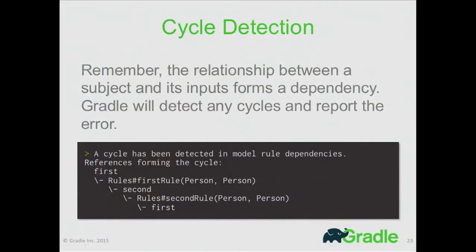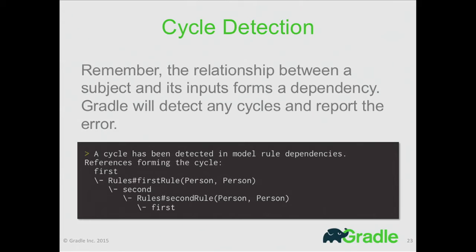So this is explicit, right? We're explicitly saying that this model element depends on this model element, and this model element depends on this model element. Since that's explicit and defined in a structure, in the form of a rule, Gradle can infer things from it. So we can tell you, you can't do that, right?